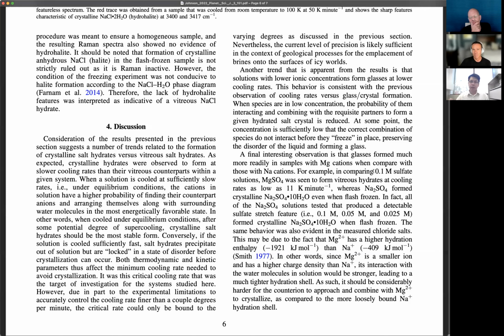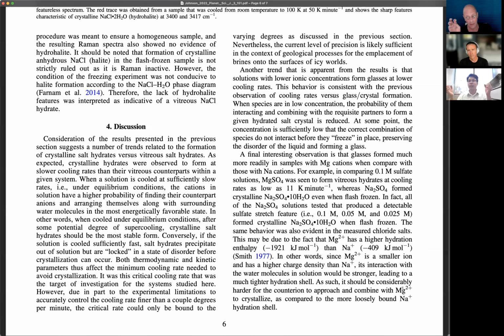Yeah, so if you think about how these processes come about, when you're in solution, the ions are completely separated from each other. So you have your cation surrounded by a bunch of water to make a hydration shell. Your anion is surrounded by its own hydration shell.